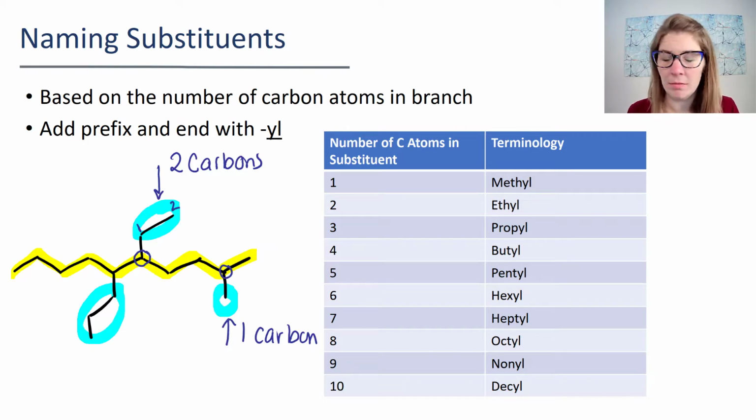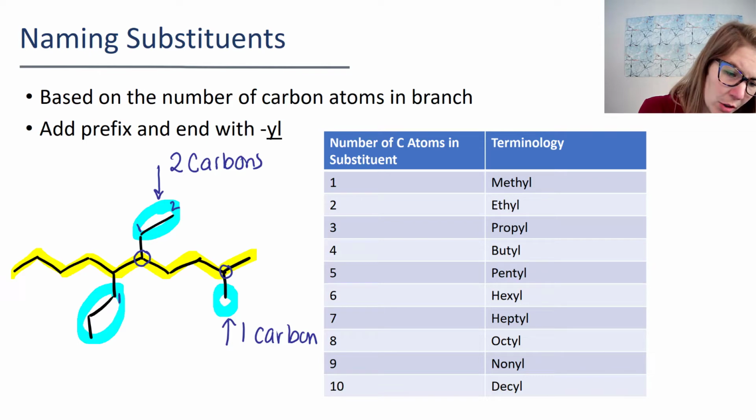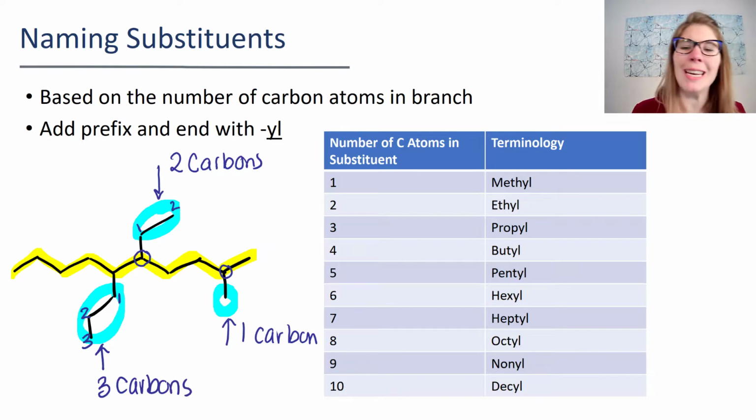That is part of the parent. It's not part of the branch. And then finally over here, 1, 2, 3 carbon branch. When we name branches, we're naming that again off of the number of carbon atoms in the substituent. So the substituent and branch are the same thing. And if I have a 1 carbon branch, I call that a methyl. So this is methyl.